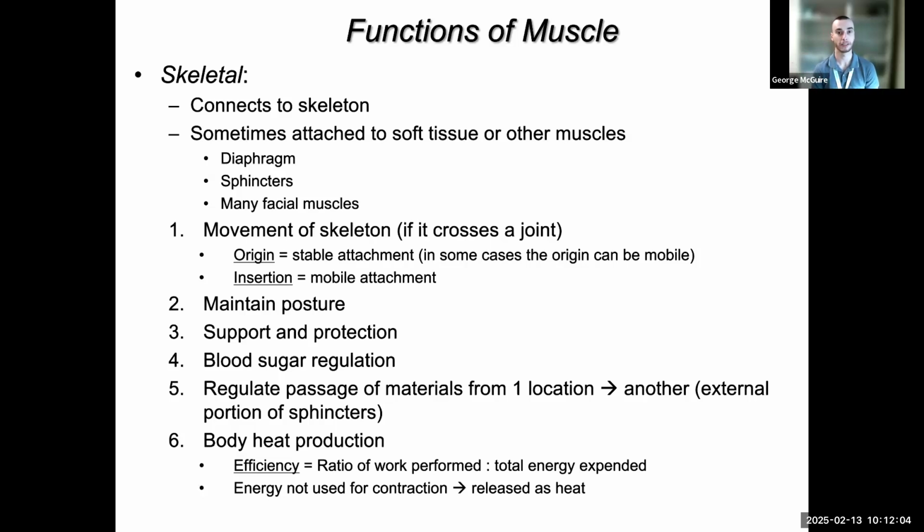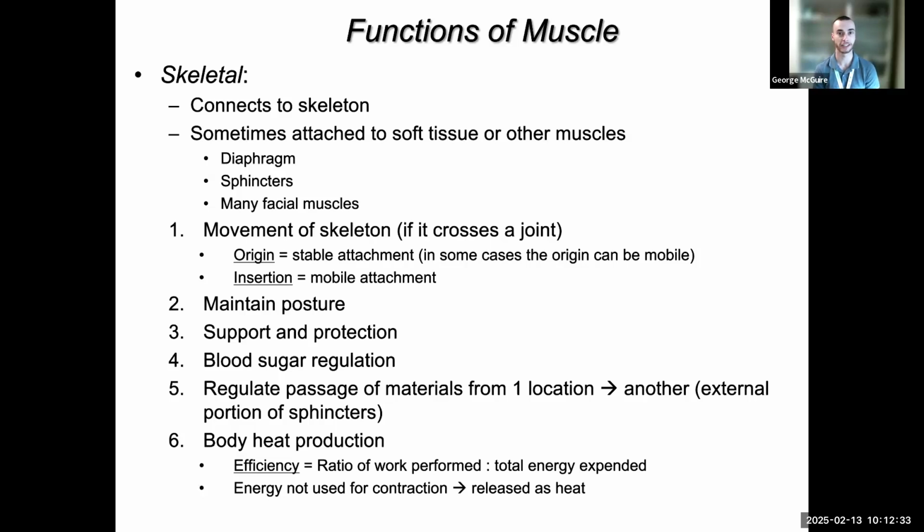Skeletal muscles are playing a role in some of our regulation of the passage of materials from one location to another. So any connected organs are going to have a sphincter muscle in between them, which the major component of that sphincter muscle is smooth muscle. It's viscerally controlled. It's out of our conscious control. But there is an external ring of skeletal muscle around them as well to allow for some sort of conscious stimulation in some cases.